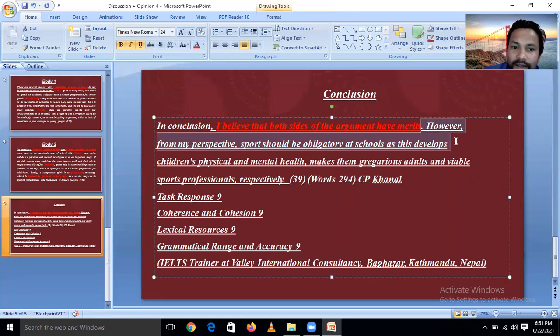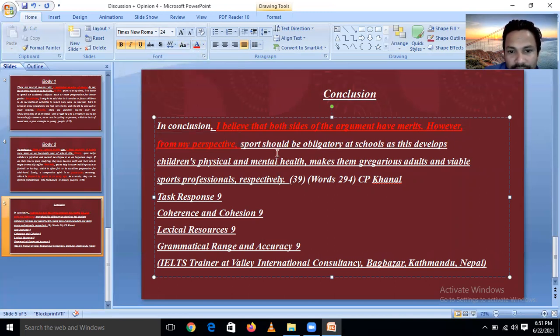However, from my perspective, you need to always give your opinion in the introduction and conclusion. Sports should be obligatory. Obligatory means essential, compulsory, mandatory, inseparable, mandatory at schools. Why? Now, this is not sufficient. Why should it be?